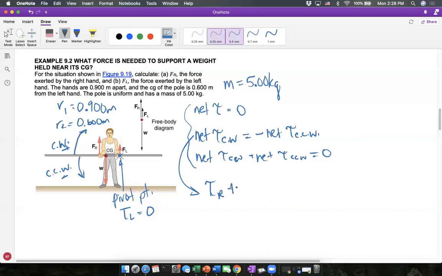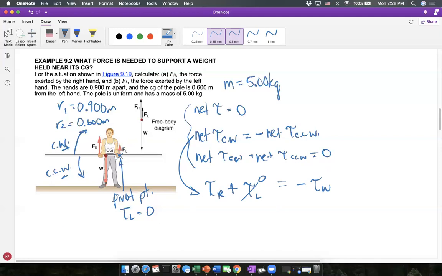And we would put our left hand torque here too, but we are saying that that is 0 since that's our pivot point, equals our counterclockwise, which is going to be our torque of the weight.